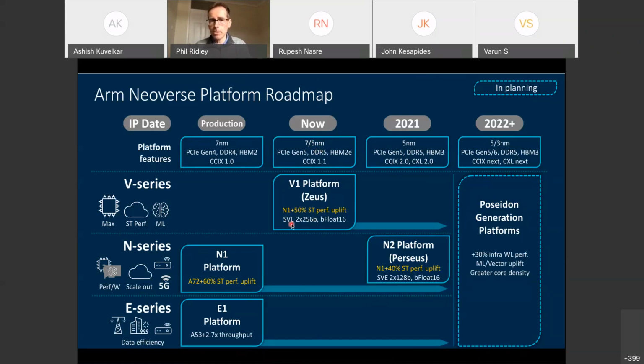Well, for Neoverse V1, it will have 2 256-bit registers, again with reduced precision support as well. So that will be coming hopefully soon, and you'll hear more about V1 then.